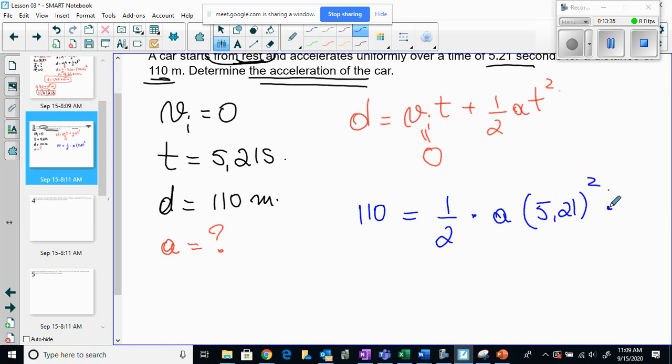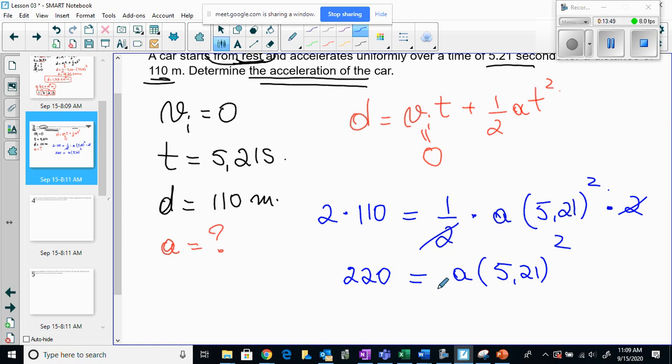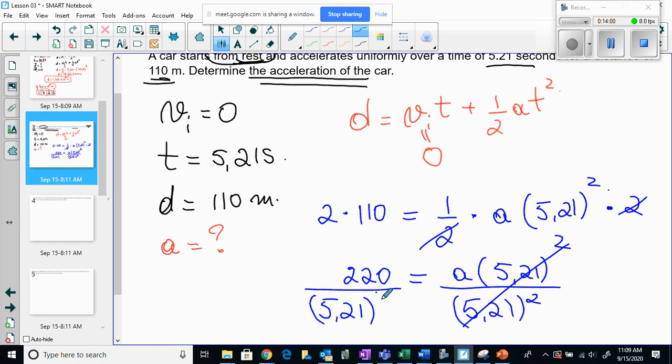Multiply both sides by 2 to get rid of the 2. So 220 is equal to a times 5.21 squared. Divide both sides by 5.21 to the power of 2, so that those are canceled.